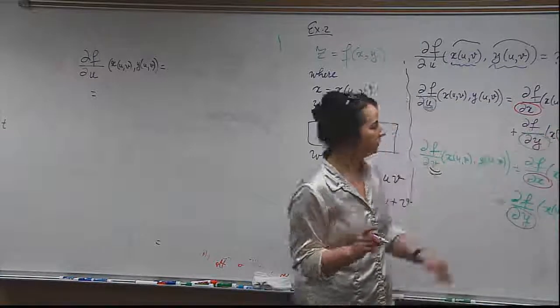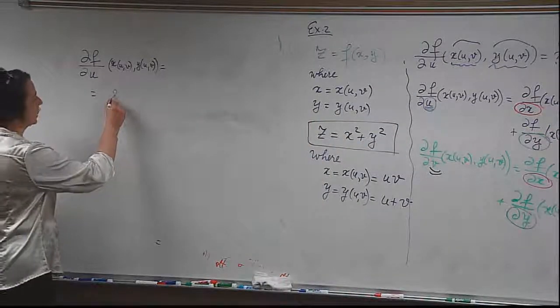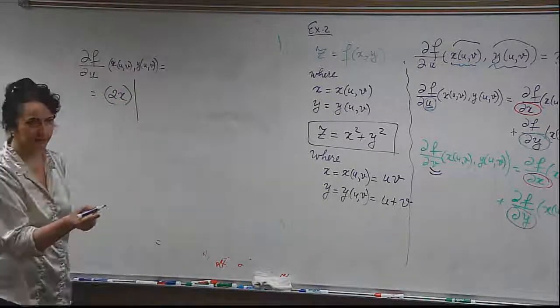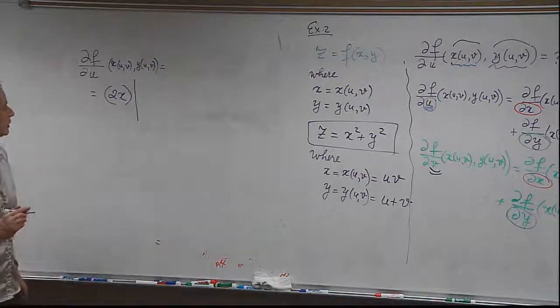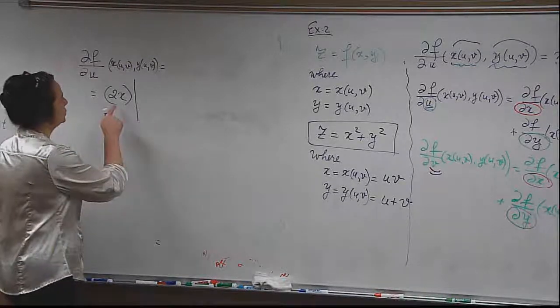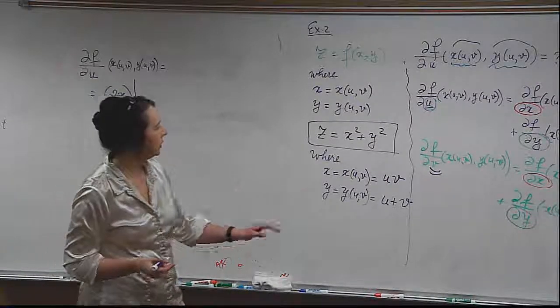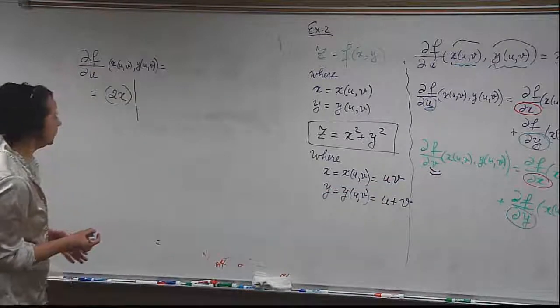Many of you know because we talked about that in office hours. 2x, am I right? But evaluated at. This is a very frequent notation in the engineering world and physics majors world. So 2x evaluated at where? At the point where x is uv and y is u plus v.